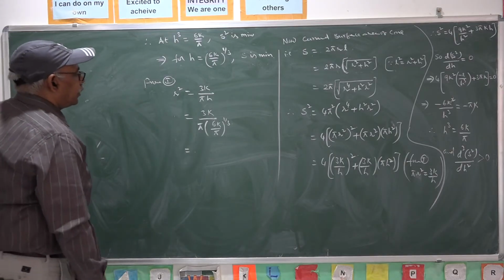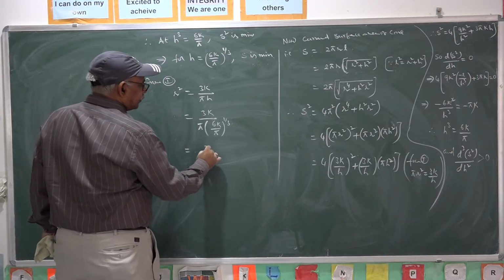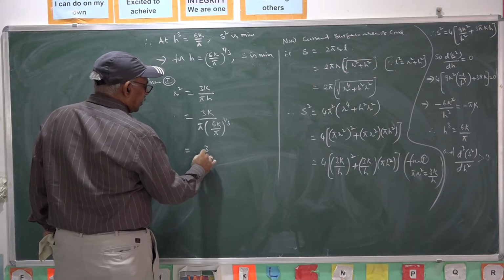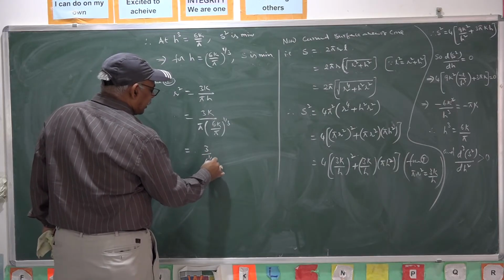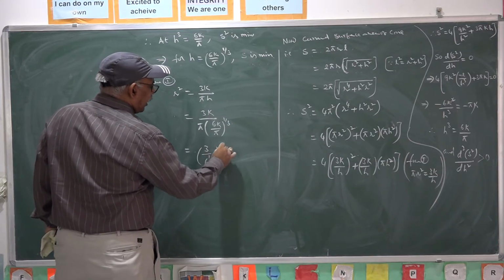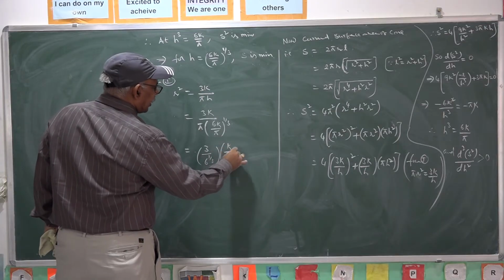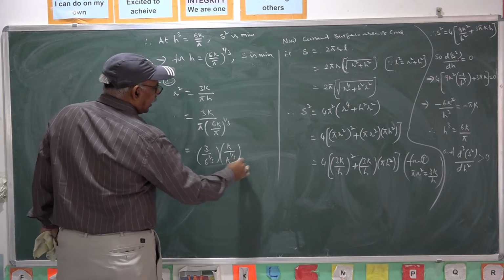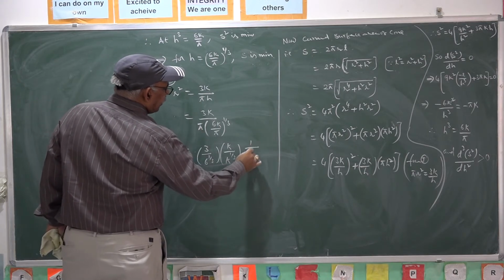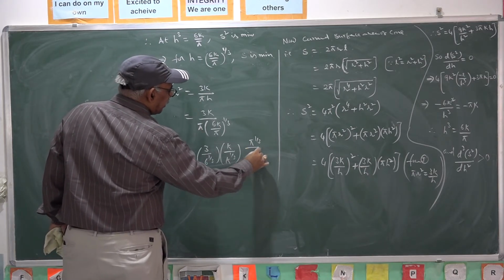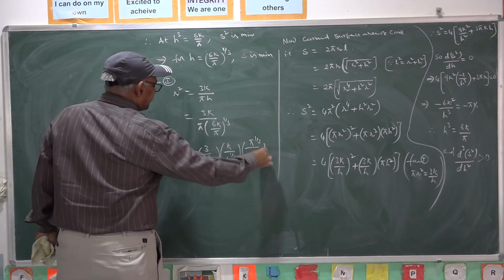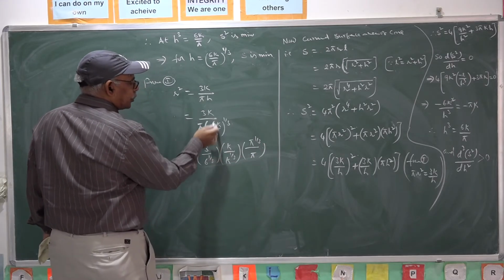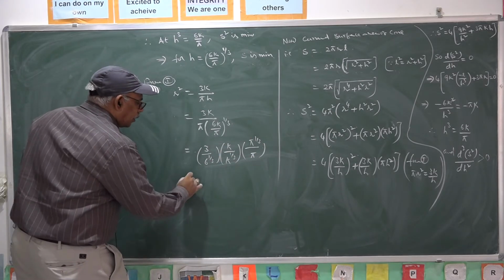Now, this is 3 by 6 power 1 by 3, and coming to the k terms, k by k power 1 by 3, and 1 by pi power 1 by 3 by pi itself. This pi power 1 by 3 goes to the numerator.